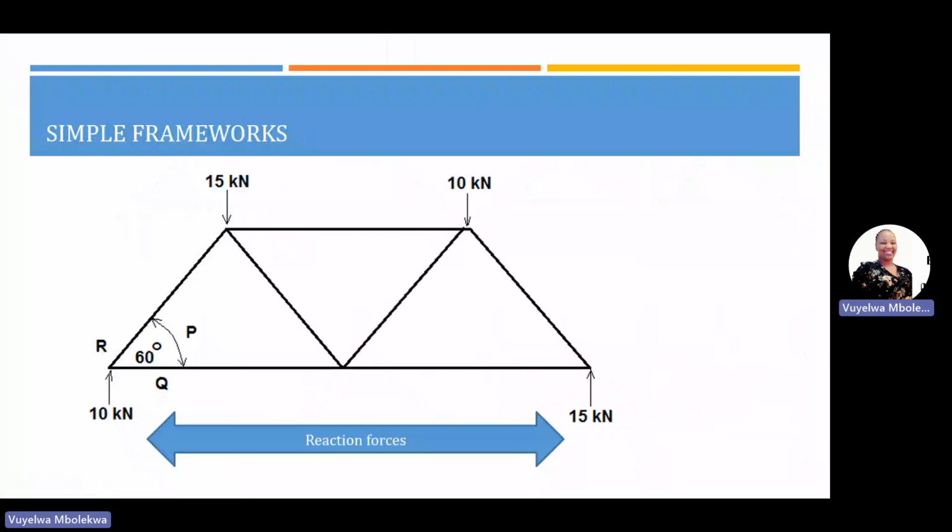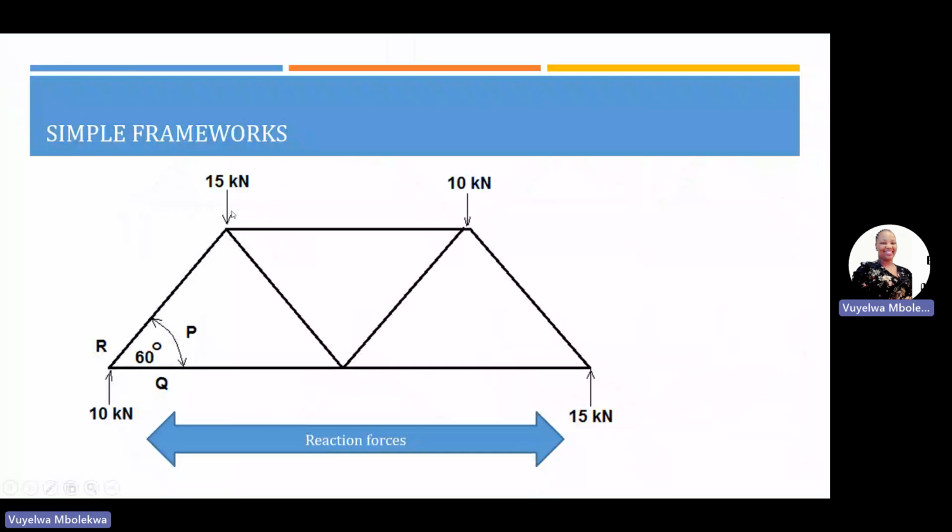Okay. So in a simple framework that we're going to look at in N3, we're only going to focus on the joints where you have a maximum of 3 forces or members. The 10 kilonewton and that 15 kilonewton are called the reaction forces. Some examiners will ask you to calculate one of the forces.